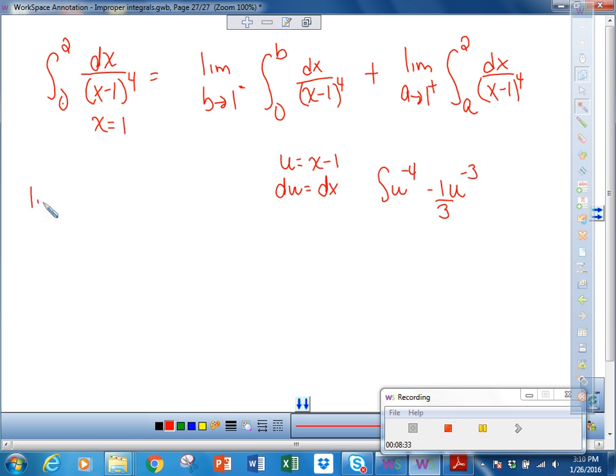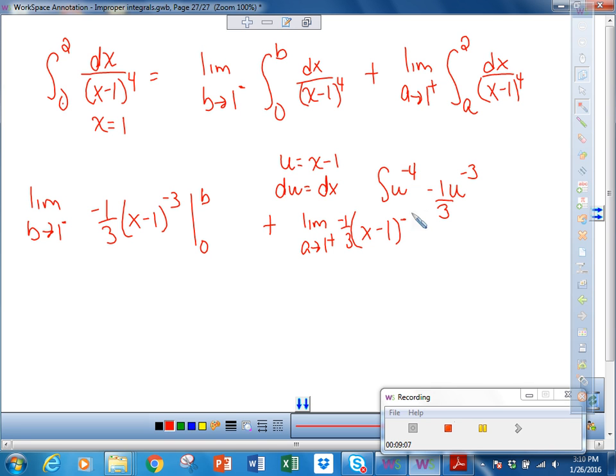So I have the limit as b approaches 1 from the left, and integrating this, I get negative 1/3 times x minus 1 to the negative 3, evaluated from 0 to b, plus the limit as a approaches 1 from the right, and once again negative 1/3 times x minus 1 to the negative 3, evaluated from 0 to a.